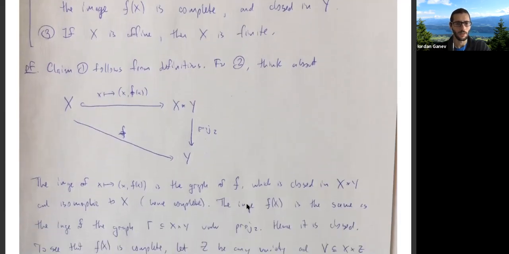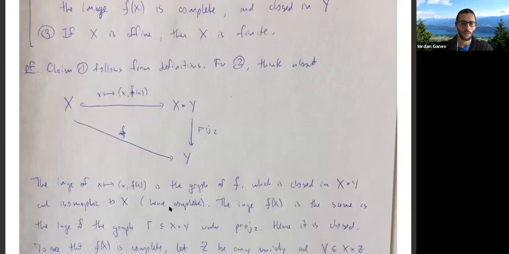Now the image of this map is the graph, and it's closed inside of X cross Y. The reason it's closed goes back to our discussion of algebraic varieties: the graph of any morphism between algebraic varieties is closed. That comes from the separation axiom that we had. So it's closed and isomorphic to X itself, so the graph is complete.